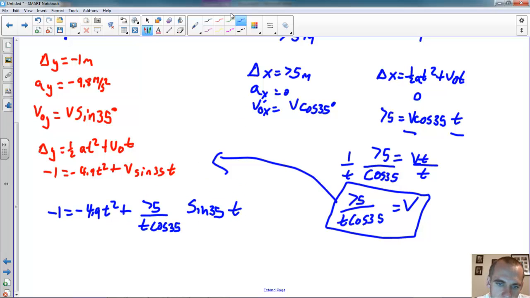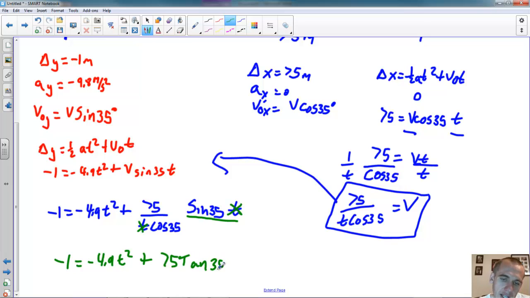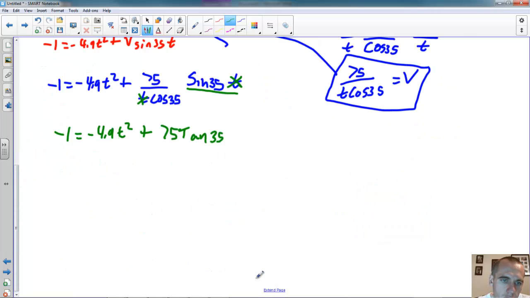Well, happily, what we see is this t right here cancels this t right here, and so I have negative 1 equals negative 4.9 t squared plus 75 times the sine of 35 over the cosine of 35, which is really just tangent 35. Okay? Well, now I have a number. The tangent of 35 times 75 is just 52.52. So I can go ahead and make that substitution. Negative 1 equals negative 4.9 t squared plus 52.52.